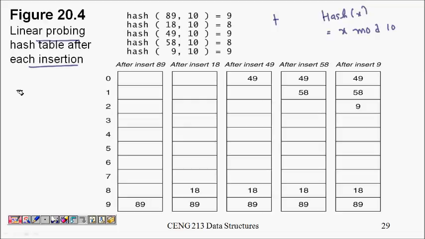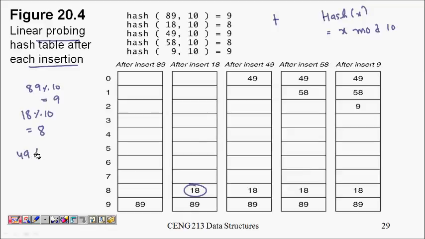First insertion is insert 89. 89 modulo 10 gives 9. The hash table size is also 10, so cell 9 is free, I put 89 here. Then we have to insert 18. 18 modulo 10 is 8. Cell number 8 is free, so 18 comes here.